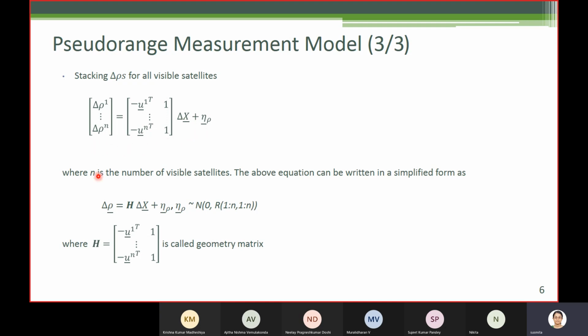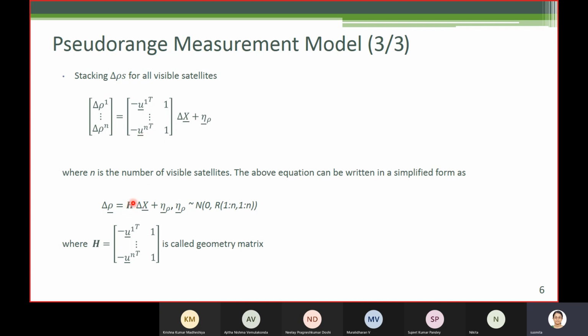Now we can put the left side as delta rho with a bar underneath. Capital H is the matrix. A matrix is written as bold letters. So capital H bold is actually a matrix. When you put a bar underneath, it denotes a vector.